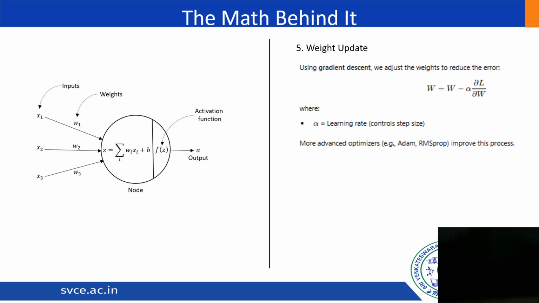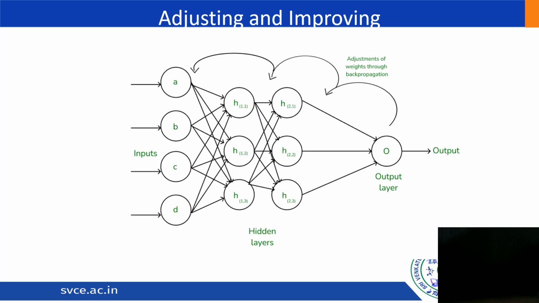So just like how we improve through practice, neural networks get better through feedback. If it makes an incorrect guess, it adjusts itself by propagating its error backwards so that the weights at the intermediate computations get automatically updated.